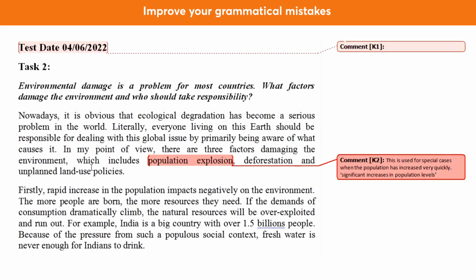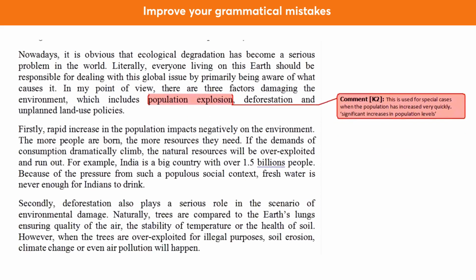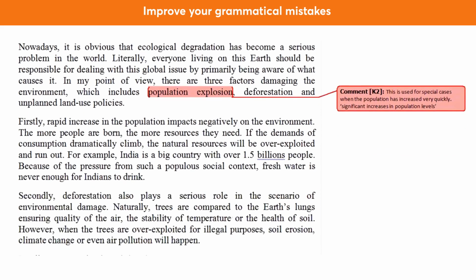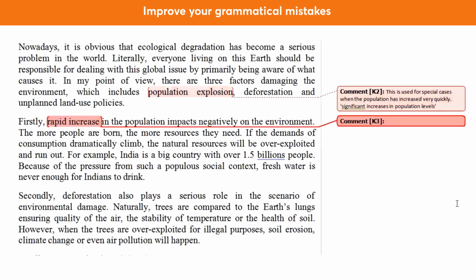So again, guys, when you get up to these higher levels with grammar and vocabulary, you need to be more and more accurate with the phrases you use and the expressions you use. All right, so what we got here, can anybody see the grammar error here? So we've got the main noun, increase. What type of noun is it? Is it countable or uncountable?